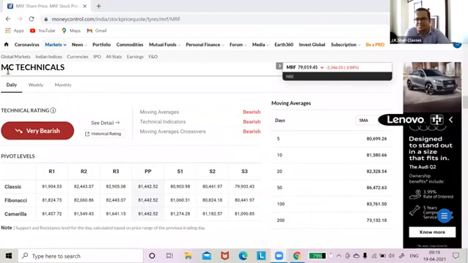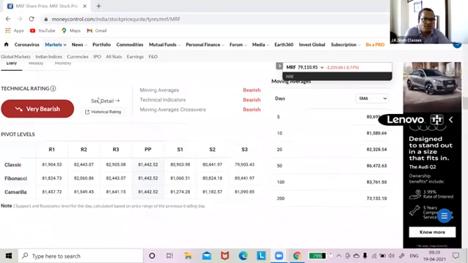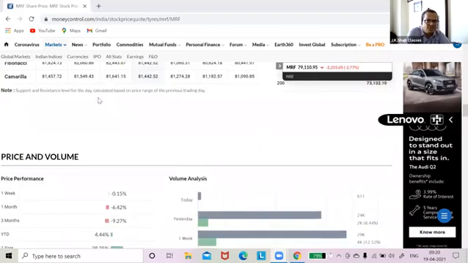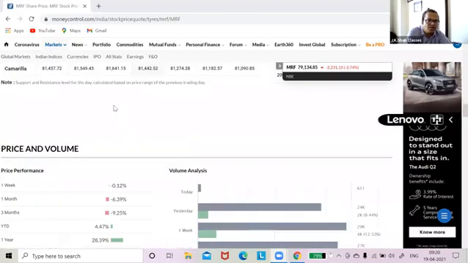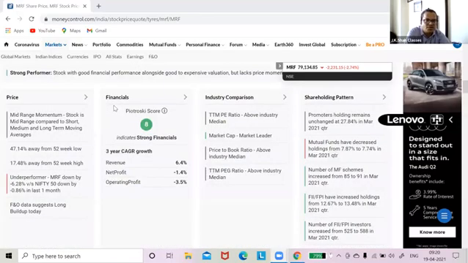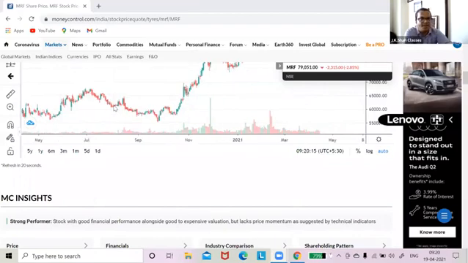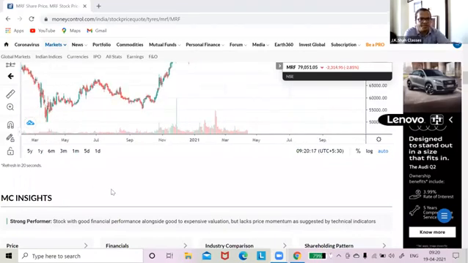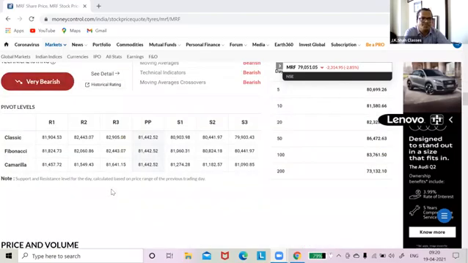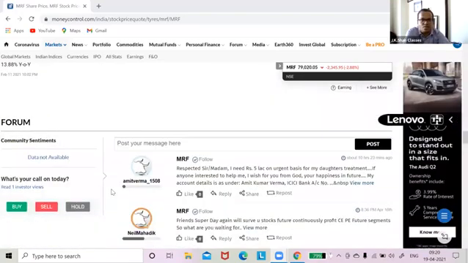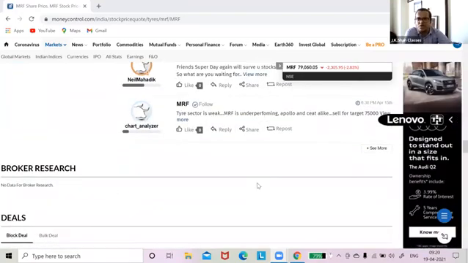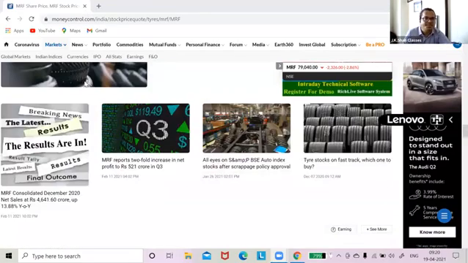This is MRF technicals, and then obviously below that is the rest. It's not coming correctly, actually speaking, so I'm not able to share the data. I was a little surprised why it is happening. It's not coming properly on the screen when I try to share it. It doesn't give me the option to zoom in, zoom out. That is my problem.